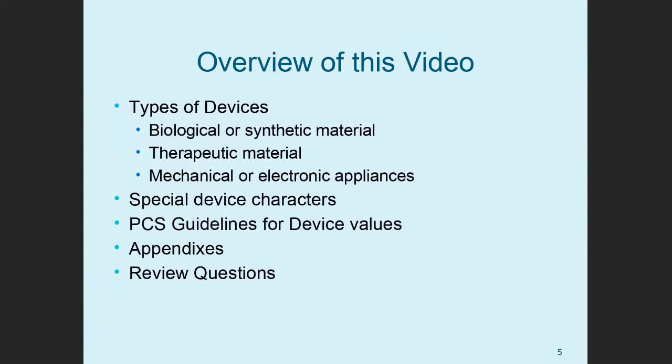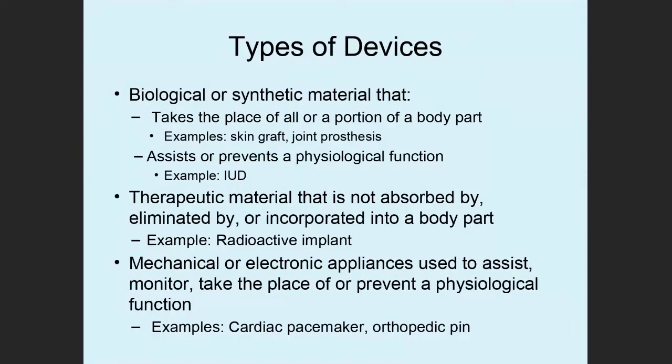So here's what I'm going to talk about in this video: types of devices, and there are 3 different types, special device characters, PCS guidelines for device values, the appendixes, and also some review questions. So first of all, types of devices. Devices can be divided into biological or synthetic material, therapeutic material, and mechanical or electronic appliances.